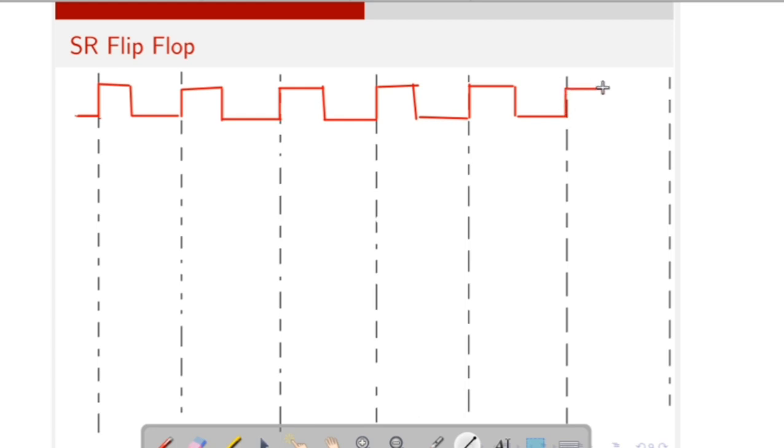So here clock pulse is a train of pulses. Okay, so we can mark it as 1 2 3 4 5 6.